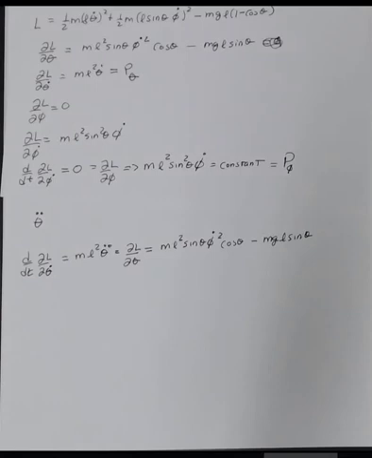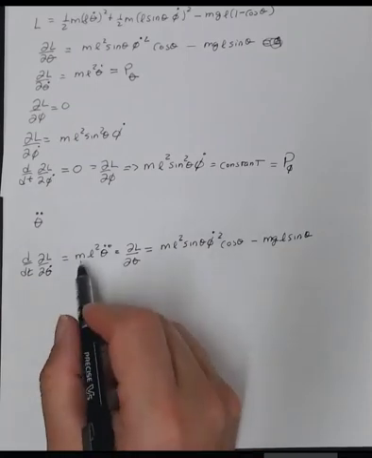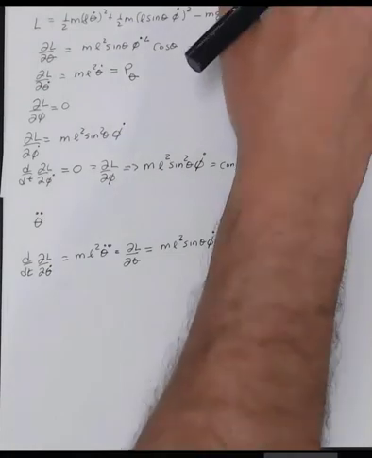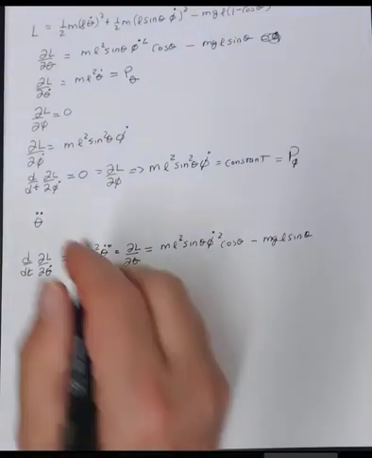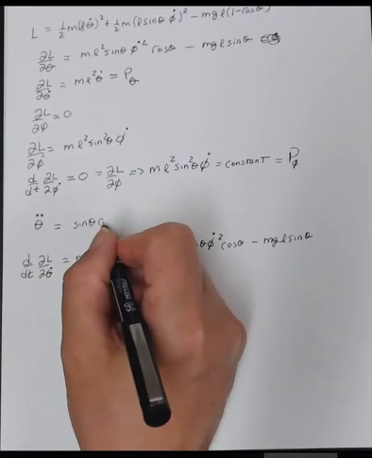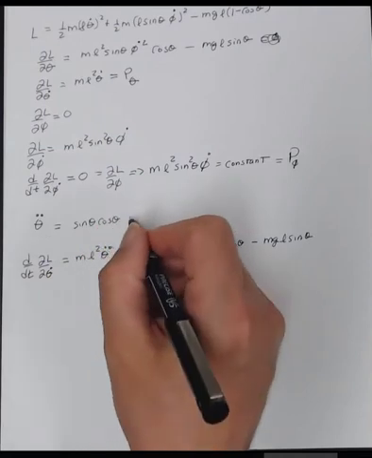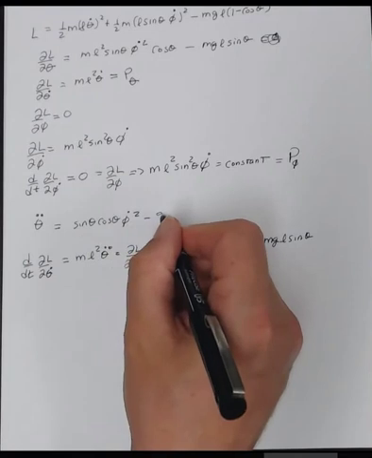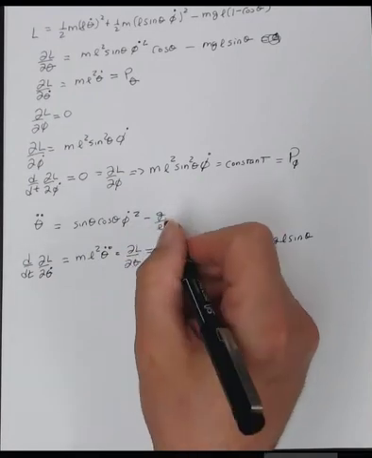So you can see that I can divide by m L squared, and I get theta double dot. So theta double dot is going to be sine theta cosine theta phi dot squared minus g over L sine theta.